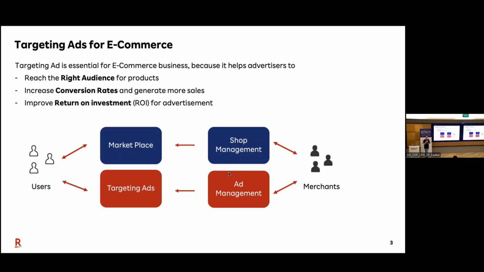For example, in Google or some other websites in Japan, you can see ads that say this cake is really good for you. Once you click inside, it will be redirected to Rakuten's marketplace.